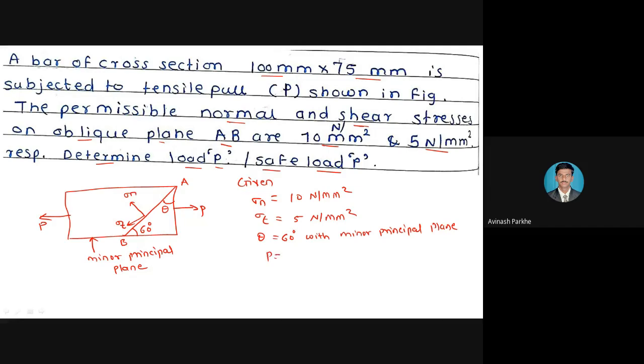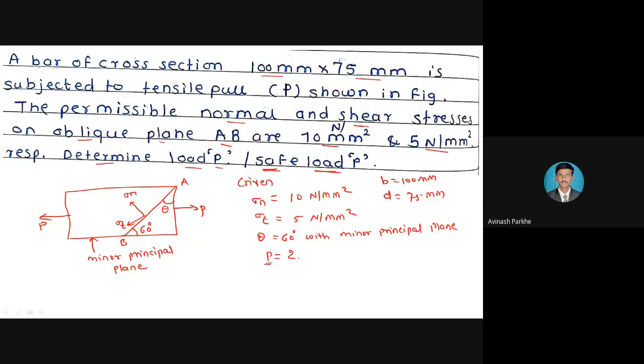And P we have to calculate. In addition to that, the value of B is given as 100 mm and the value of D is given as 75 mm. So this is the statement. Which parameter do we have to calculate? We have to calculate the force or the load applied on that member or body, which is called the safe load.